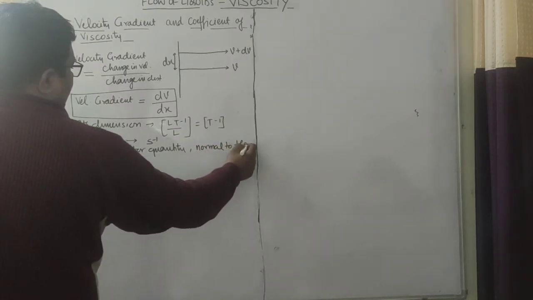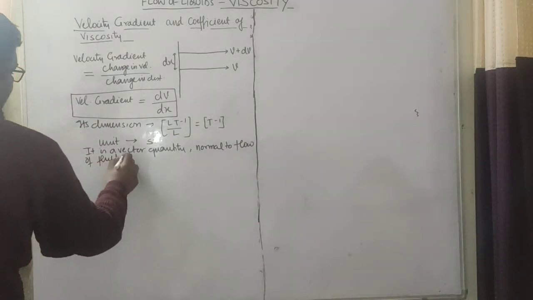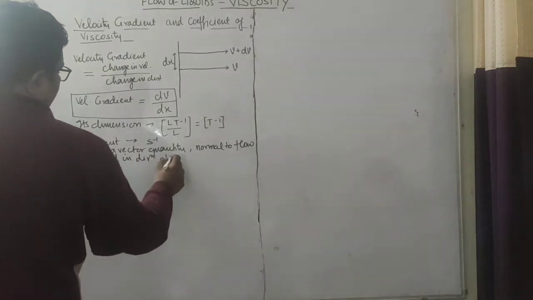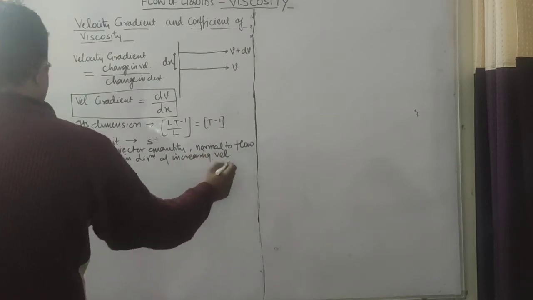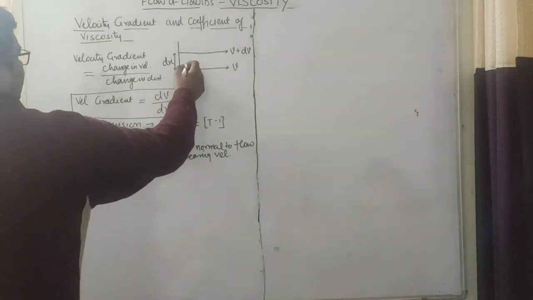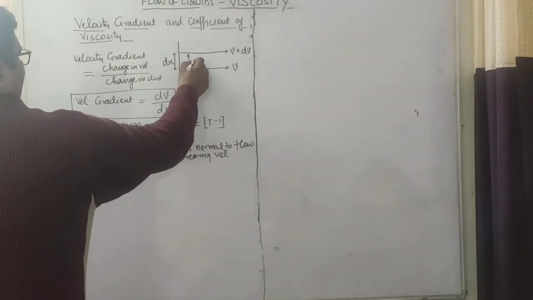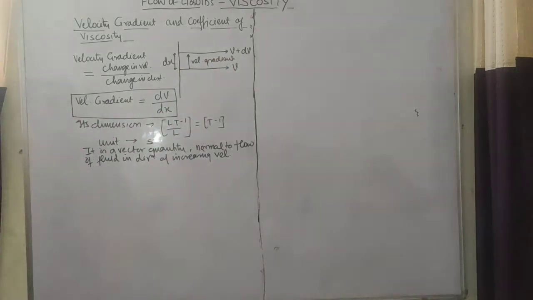Normal to flow of fluid in direction of increasing velocity. So here the direction will be, this is the velocity gradient. This is a new term, velocity gradient. So be careful about this. Velocity gradient. And now coefficient of viscosity.